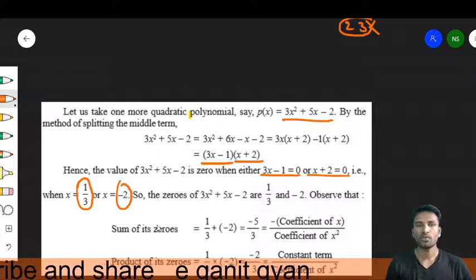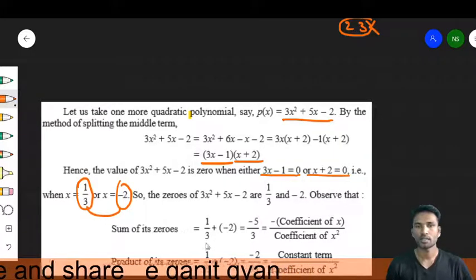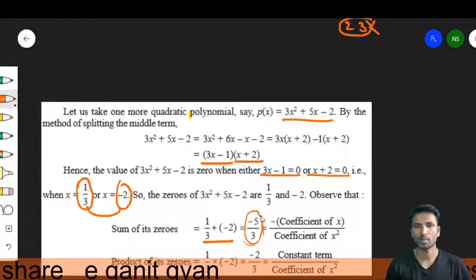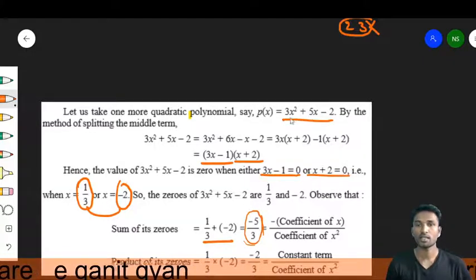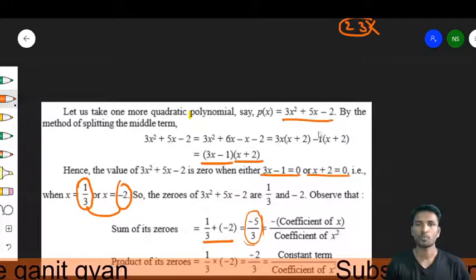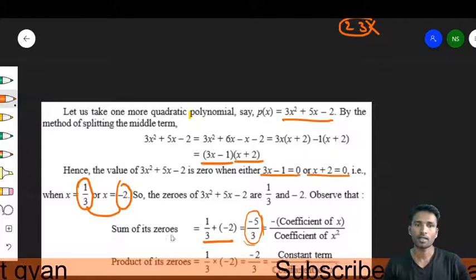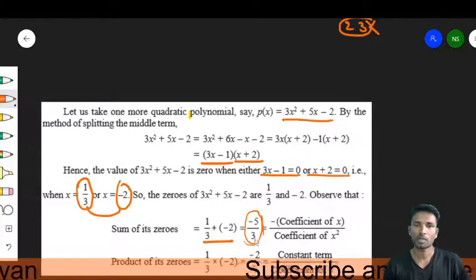Now if we add these two numbers, what do we get? Minus 5 by 3. The polynomial is 3x square plus 5x minus 2, and the sum of the two zeros is minus 5 by 3.